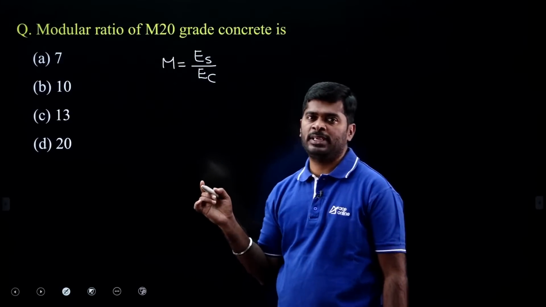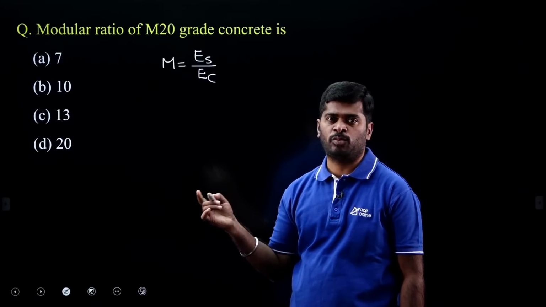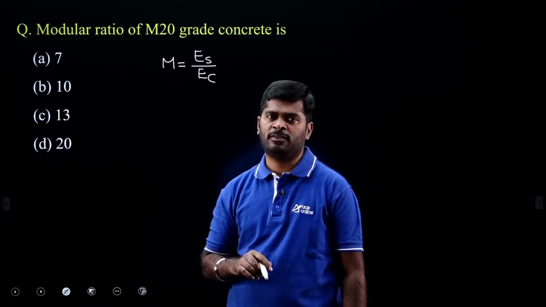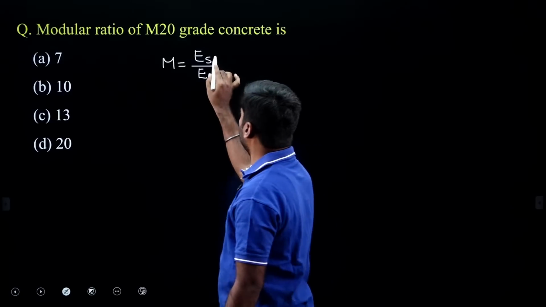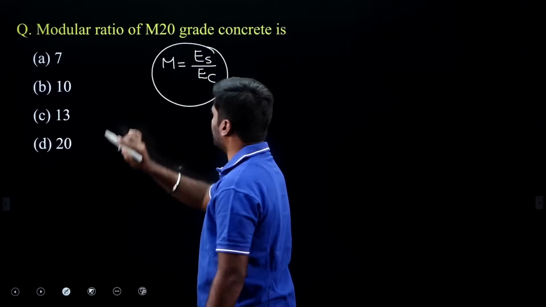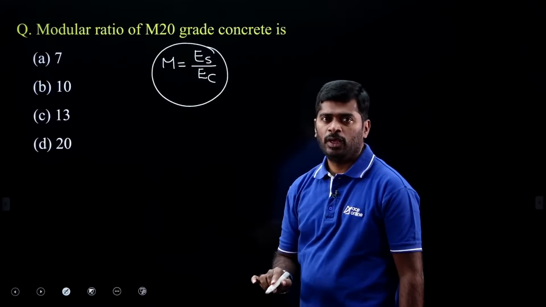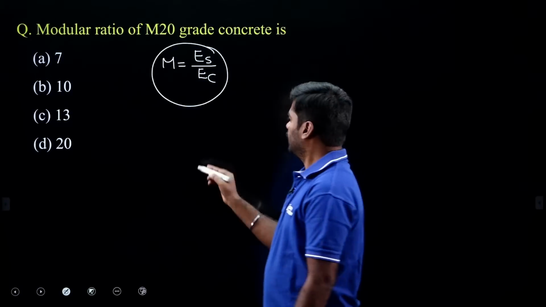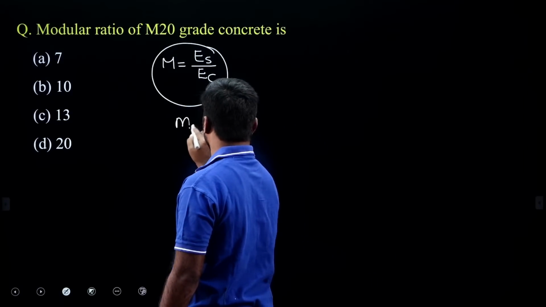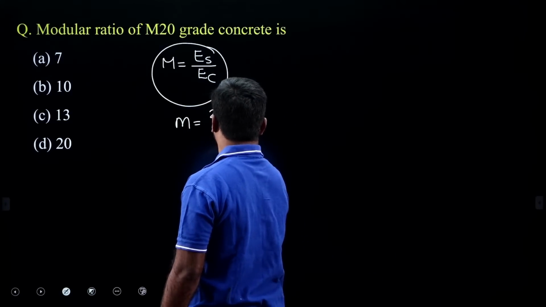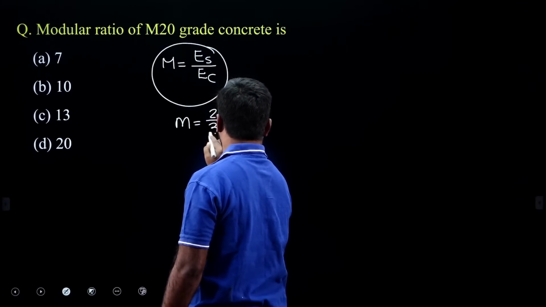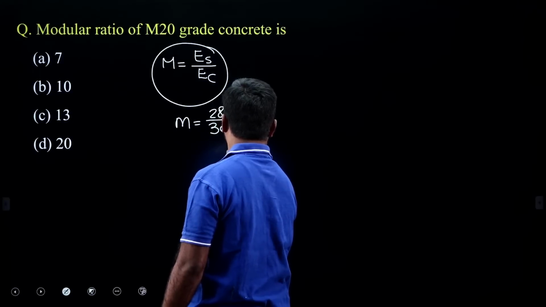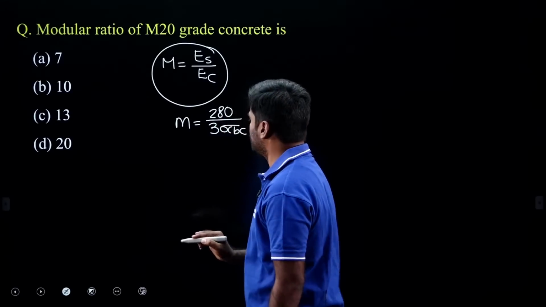So E strong means E steel, that is Young's modulus of steel to Young's modulus of concrete. But this formula we are not going to use in working stress method. We are going to use an empirical formula, that is m equals 280 upon 3 sigma CBC.